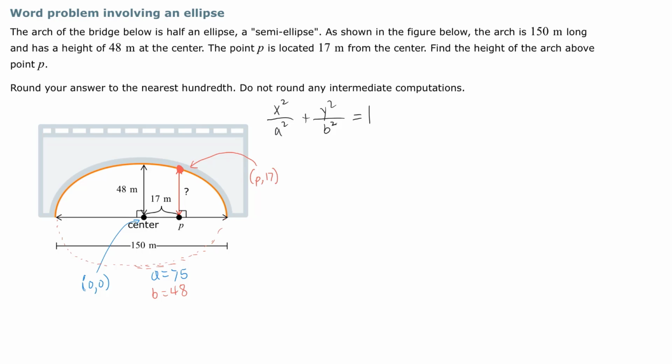Well, if x is p, then we get p squared over a squared plus 17 squared over b squared is now equal to 1. Now you just react to this and solve for p. Multiply both sides by the lowest common denominator, a squared times b squared, to clear fractions. And we'll do the same thing here, a squared times b squared to the 1 as well. We have to balance the equation.